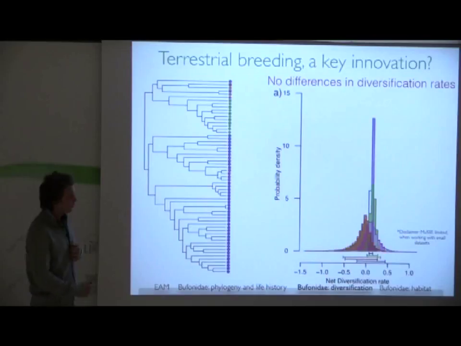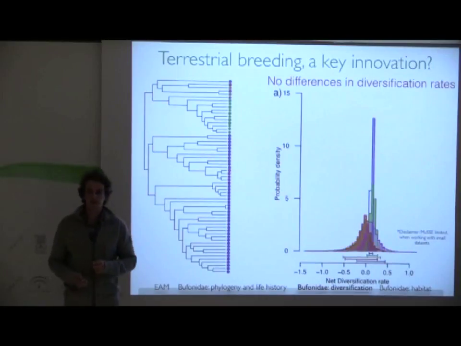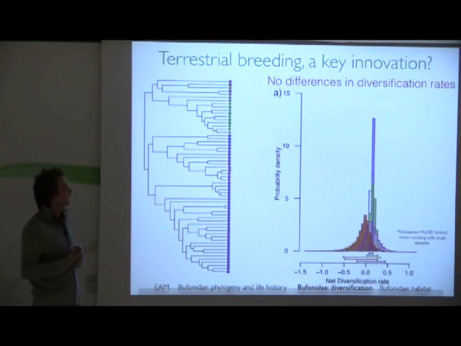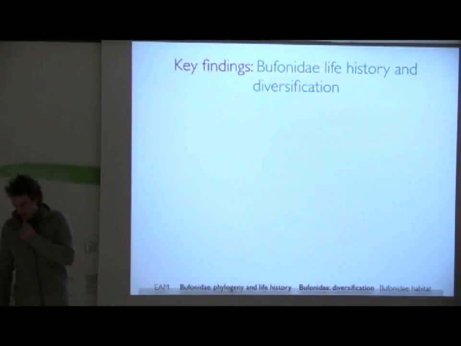Actually, they're all pretty much overlapping. So all of these reproductive modes have similar net diversification rates. So there's very little evidence, despite the unusual richness, to suggest that, at least in bufonids, terrestrial breeding could be considered a key innovation.